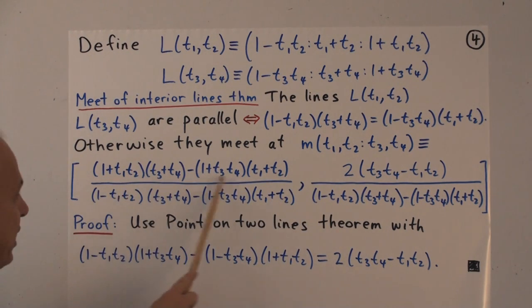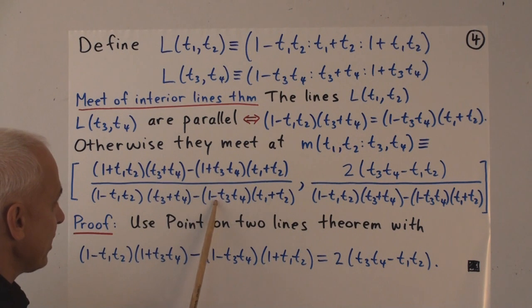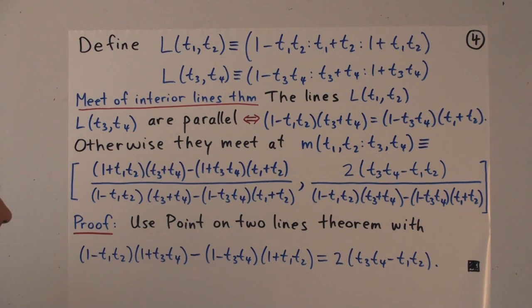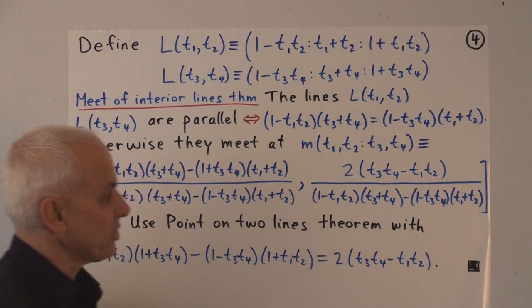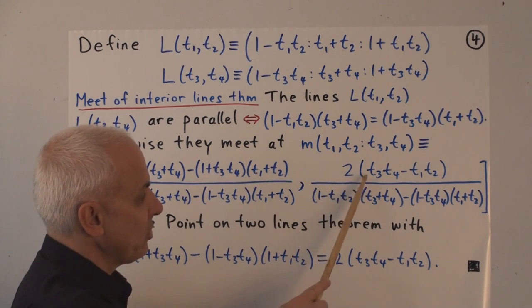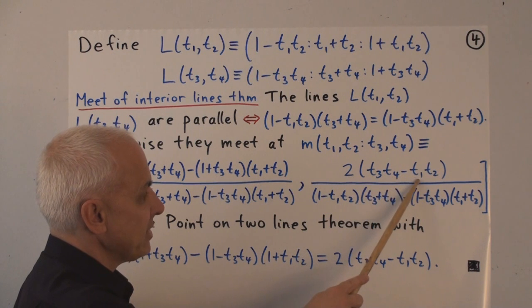And the numerator here looks a lot like the denominator, except for 2 plus signs where there are minus signs below. So that plus sign instead of that minus sign, and that plus sign instead of that minus sign. While the y term looks quite different, its numerator is 2 times t3, t4 minus t1, t2.